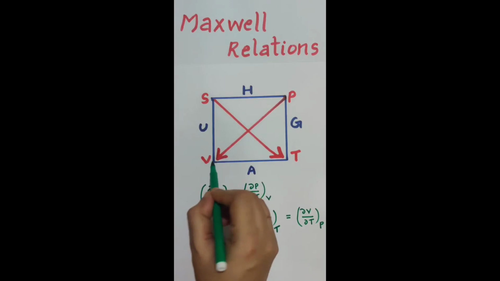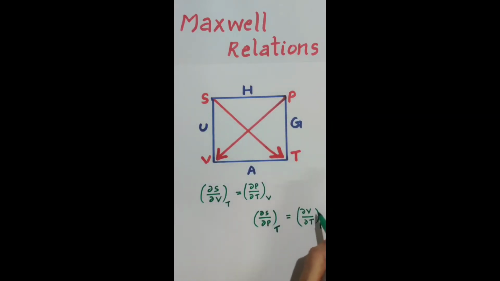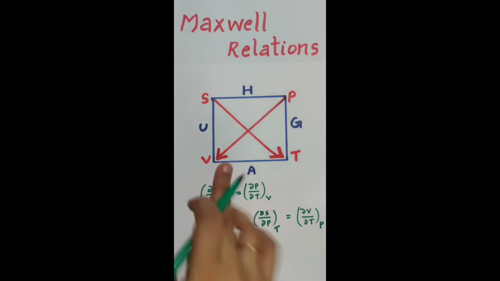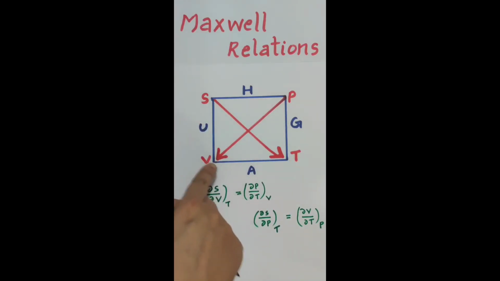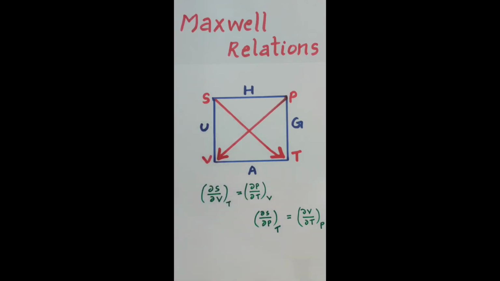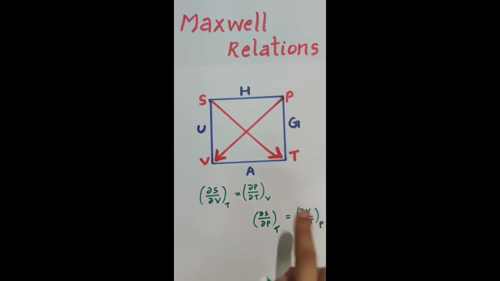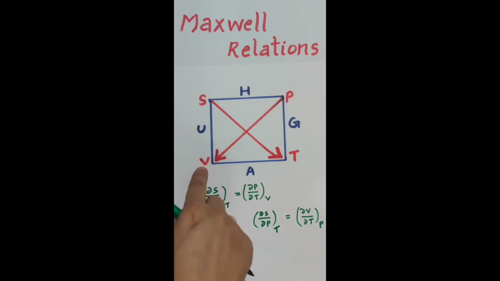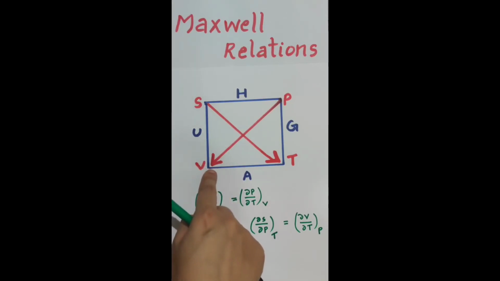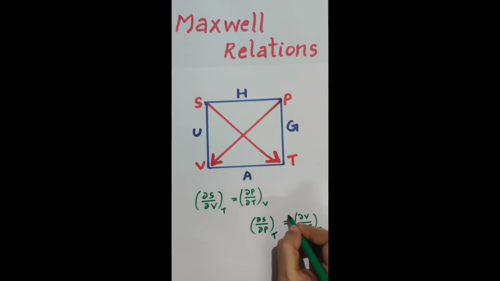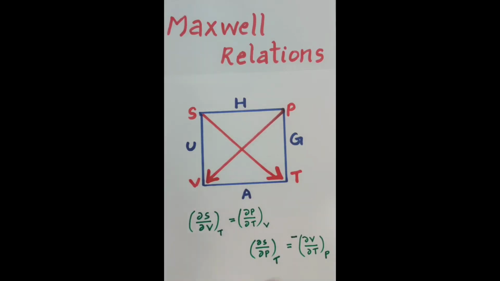But here the arrow is towards V, that is towards this term, hence we indicate this sign as negative. That is, when the arrow is away from a particular term, we express it as a positive quantity, and when the arrow is towards the term, we indicate it as a negative term. Here is the second Maxwell relation.